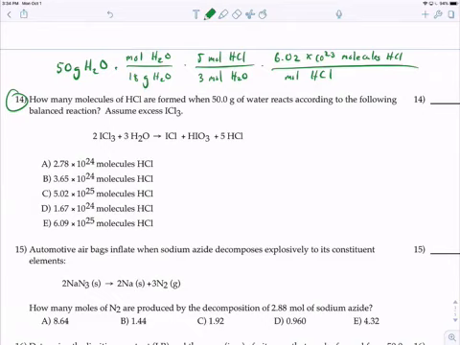This is 2.89. Like so. Questions with this one?